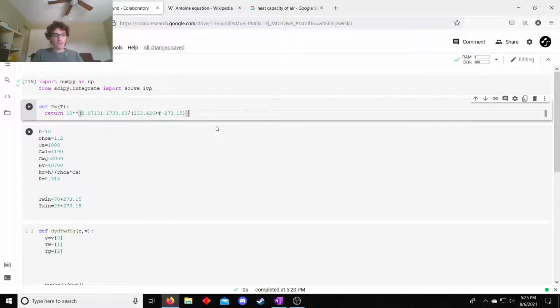Since it gives us an answer in millimeters of mercury, I'm going to divide by 760 and multiply by the conversion to convert that from millimeters of mercury to pascals.